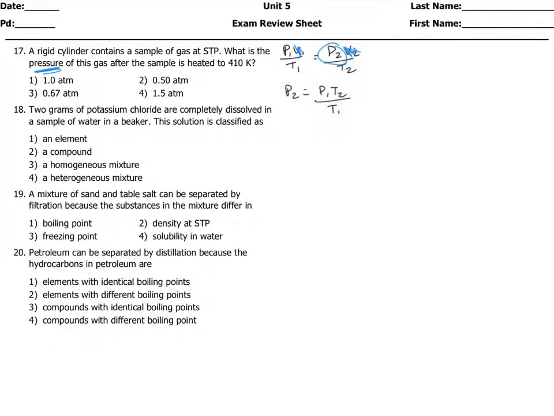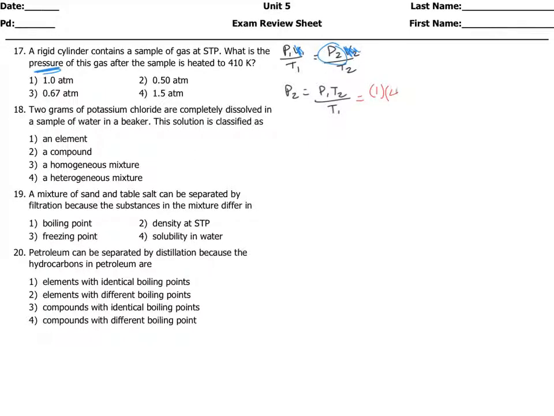And I can plug in variables now. The first pressure is standard pressure, and that could be either in atmospheres or kilopascals. But looking at the answer choices, the ones that they're listing for the second pressure are all atmospheres. So that means I'm going to list my P1 as the standard pressure in atmospheres, which is 1 atmosphere.